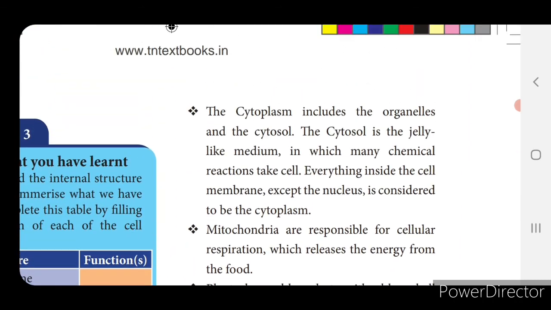The cytoplasm includes the organelles and the cytosol. The cytosol is a jelly-like medium in which many chemical reactions take place. Everything inside the cell membrane except the nucleus is considered to be the cytoplasm.